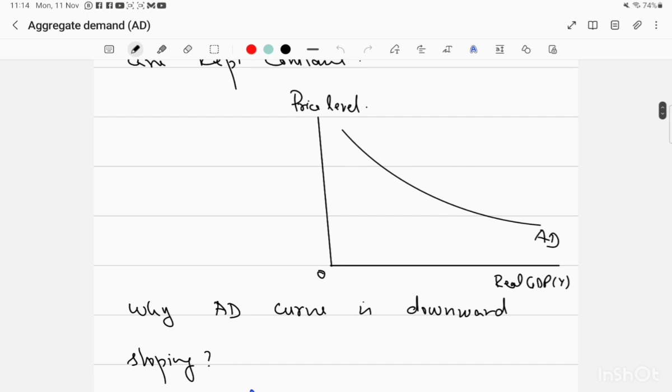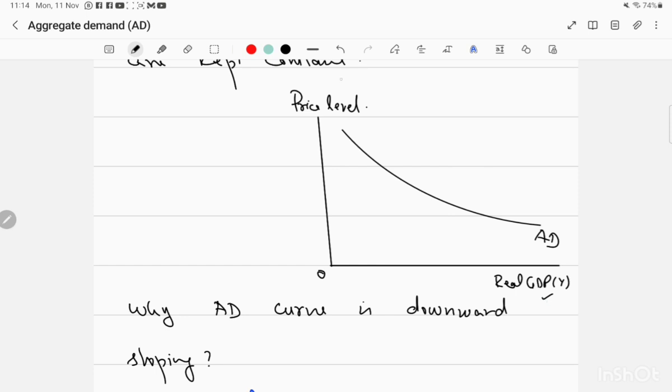Keep it in mind. Here in aggregate demand, we write real GDP on the horizontal axis. Real GDP means it is exclusive of inflation; it is measured at a constant price level.